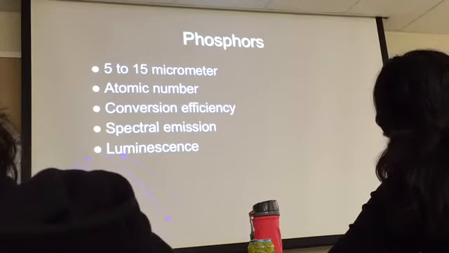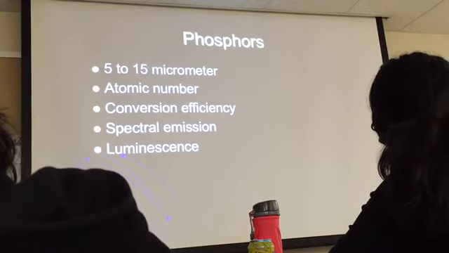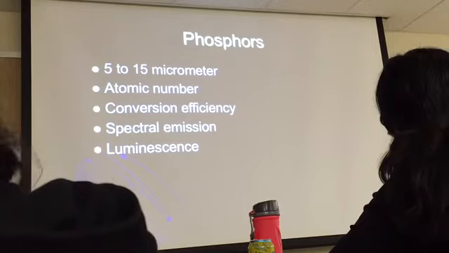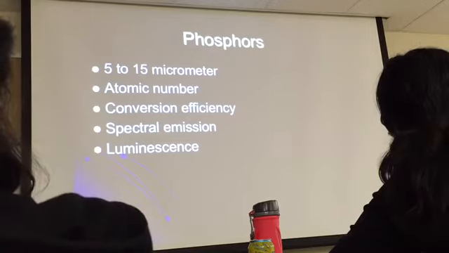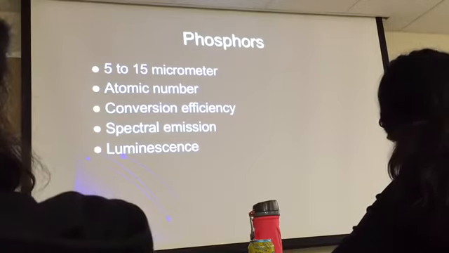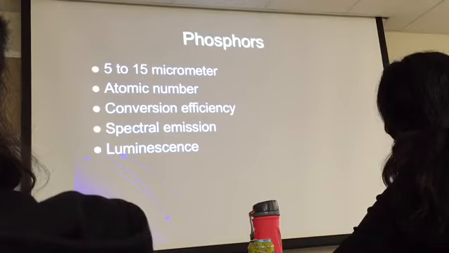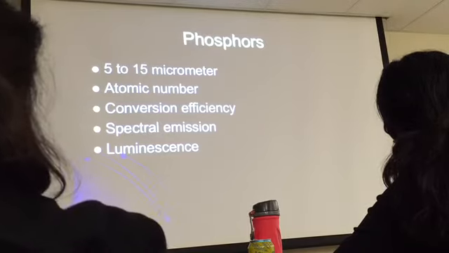So how do we determine if a screen or a phosphor is fluorescent or phosphorescent? What physicists have done is, when you think of the atom, this is the nucleus, and you have electrons orbiting all around, each with very specific orbits.